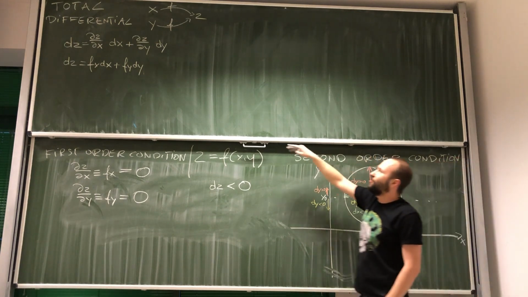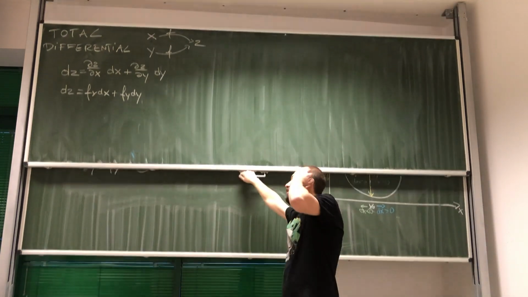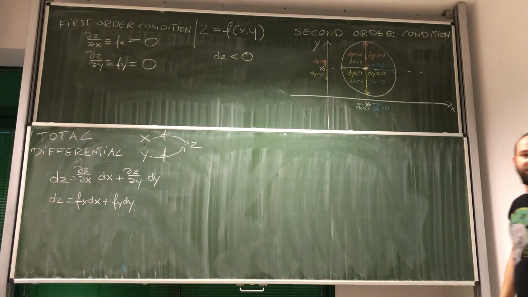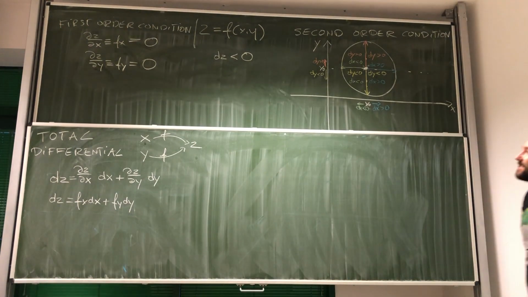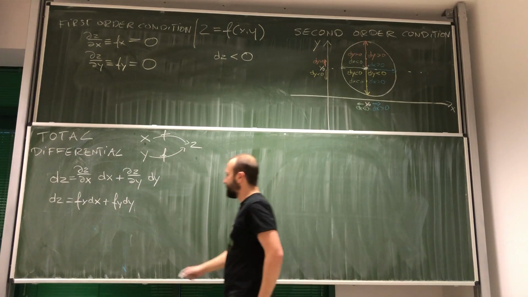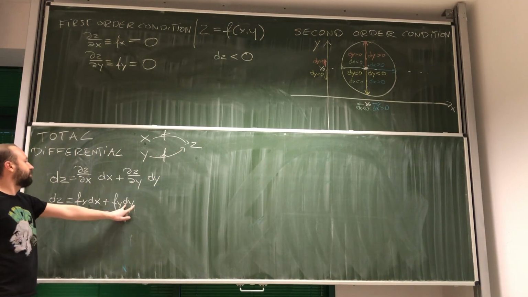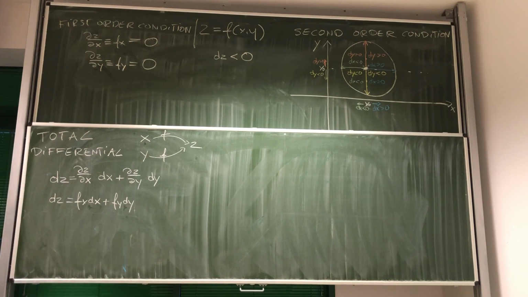So look, this right away creates a very problematic situation in terms of assessing the sign of dz, because dx could be positive or negative, dy could be positive or negative. So maybe there is another way of dealing with this problem.